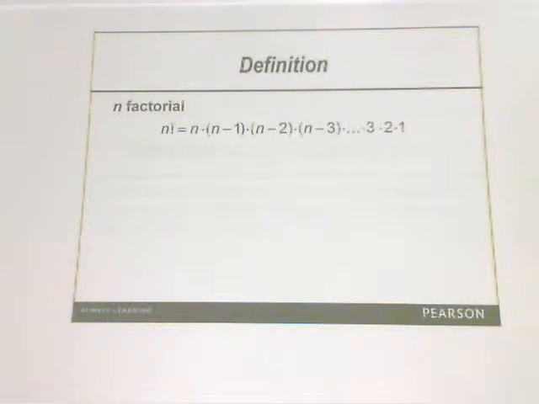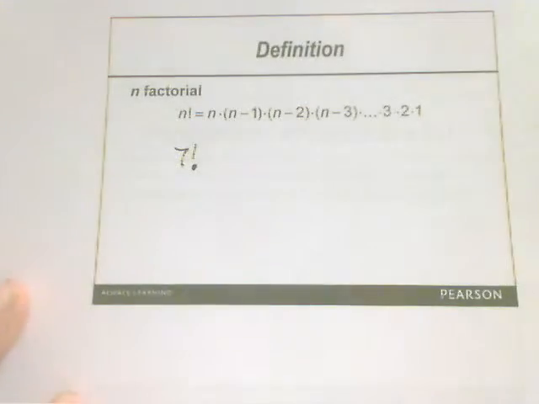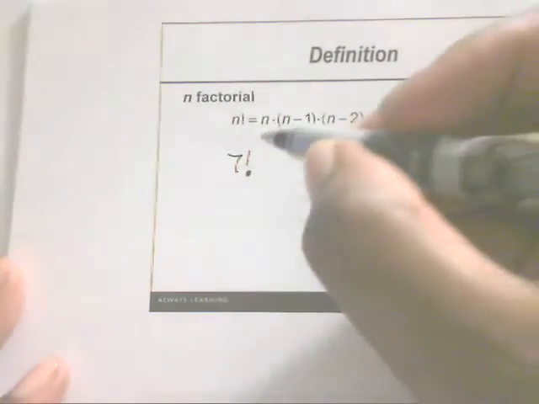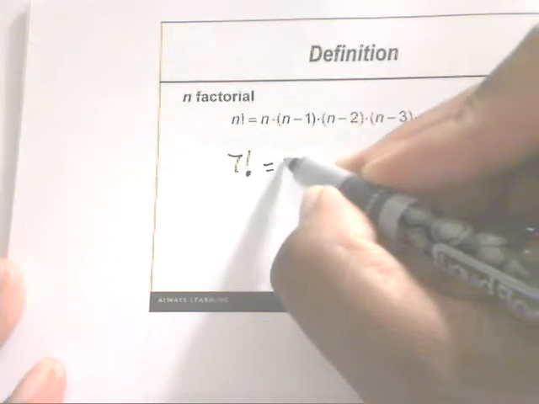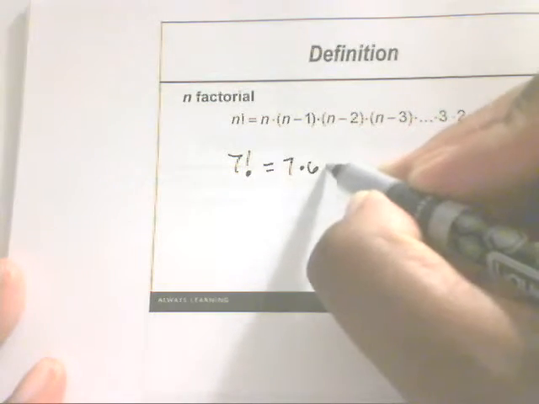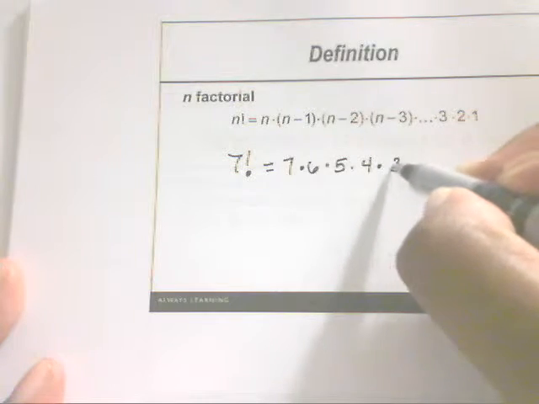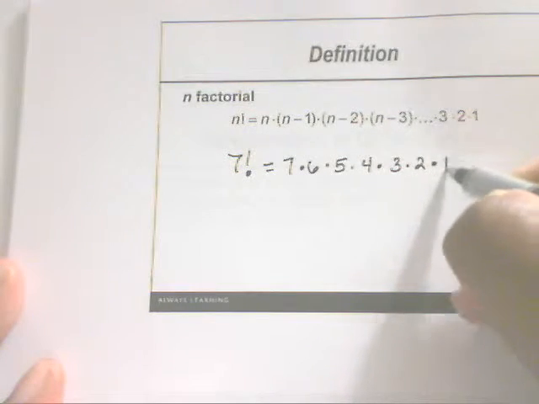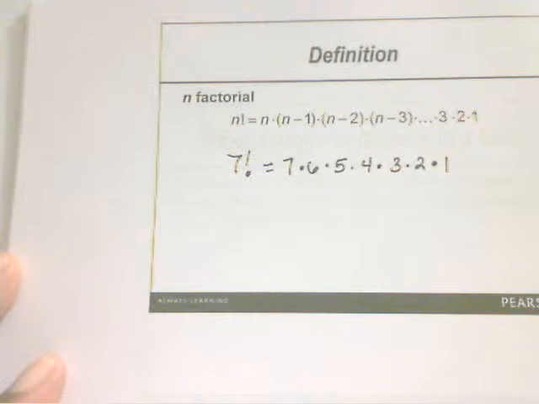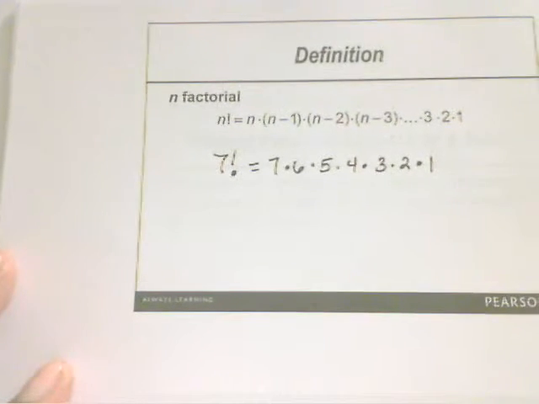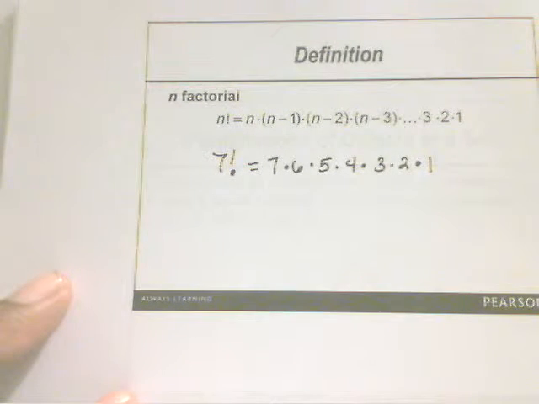So if I have, let's say, 7 factorial, which is 7 with an exclamation mark, the way I would expand that would be 7 times 6 times 5 times 4 times 3 times 2 times 1. And then I'll multiply those integers out completely.